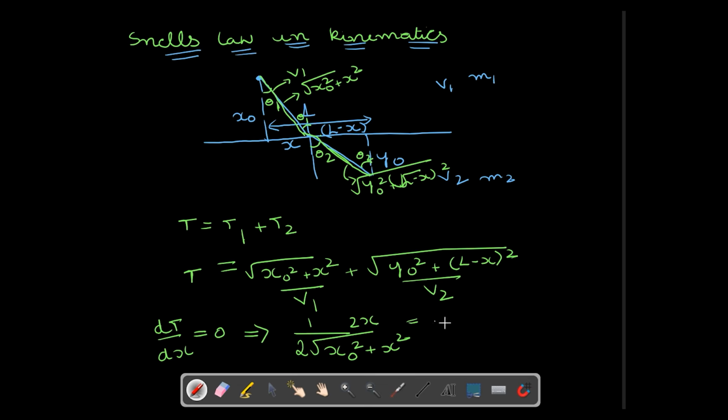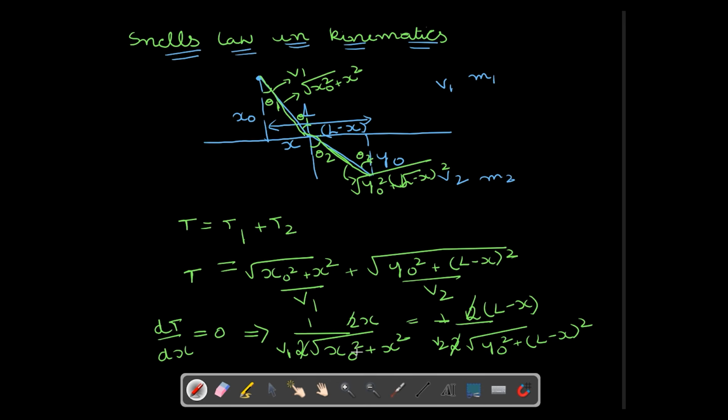If I turn that side, this becomes minus 1 by 2 root of y naught square plus (L minus x) whole square, into minus 2 times (L minus x), that is 2 times (L minus x), and then here you have v2, right? Now observe carefully, here 2 also gets cancelled. x by root of x naught square plus x square, that is sine theta 1.